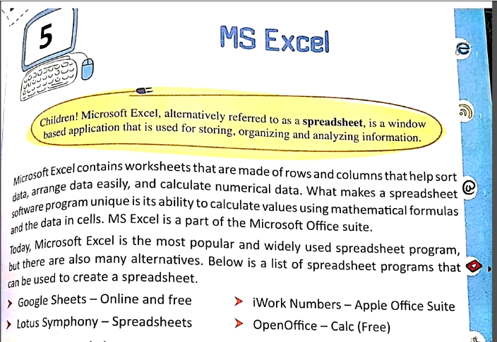MS Excel is one software and Google Sheets is similar to Excel. iWork Numbers is given by the Apple office suite, which belongs to the Apple company. MS Excel belongs to the Microsoft company. Lotus Symphony is known as Spreadsheets, and OpenOffice has Calc as its name. This is free and Google Sheets is also free with a Google account. So these are the alternatives to MS Excel.